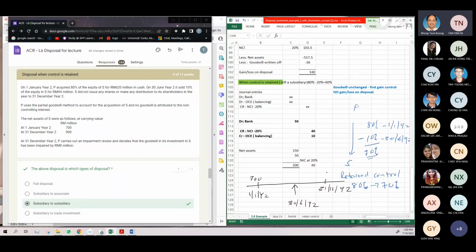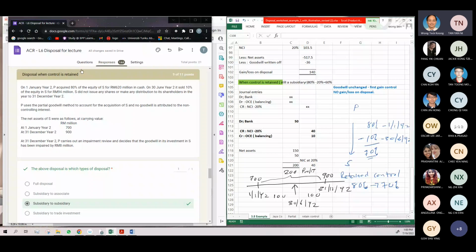So in between, what happened? It's been 200. This must be the profit, because the share capital has no change, so the change in net asset will be retained profit. So profit will be 100 here and 100 here, six months each. So the net asset up to 30th June is 700 plus 100.